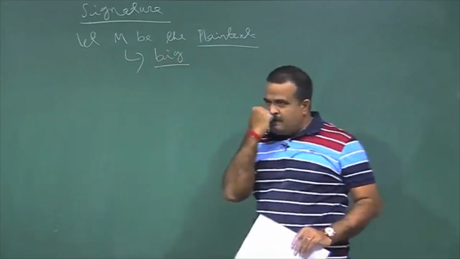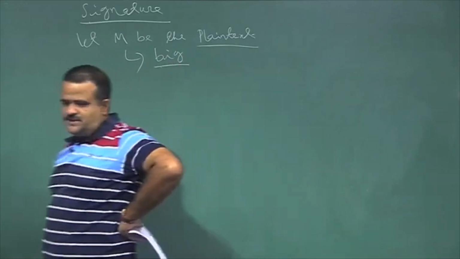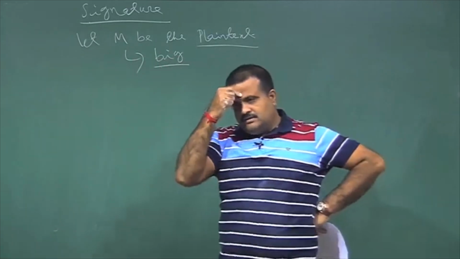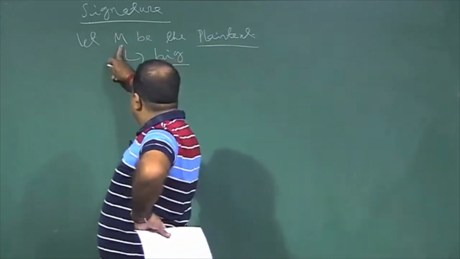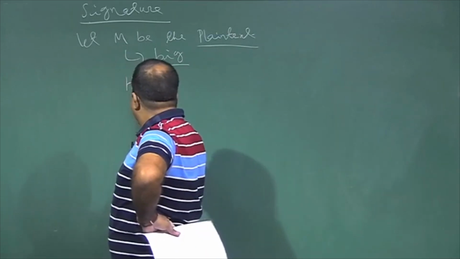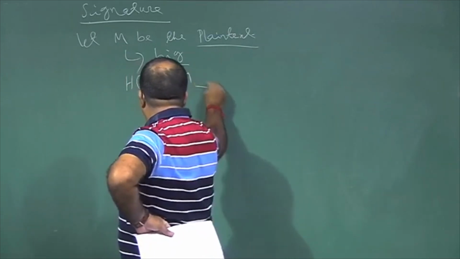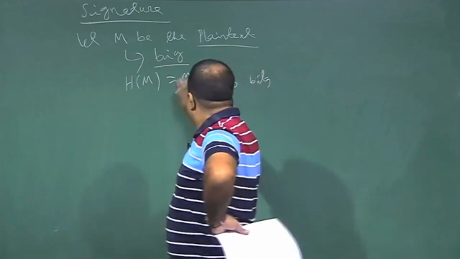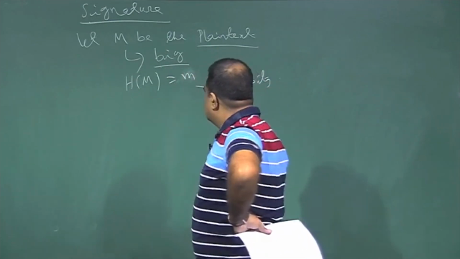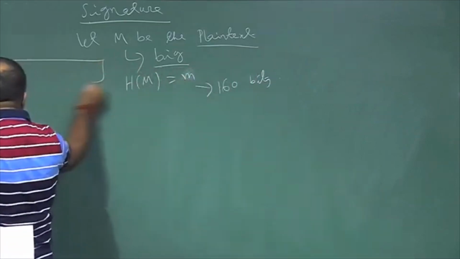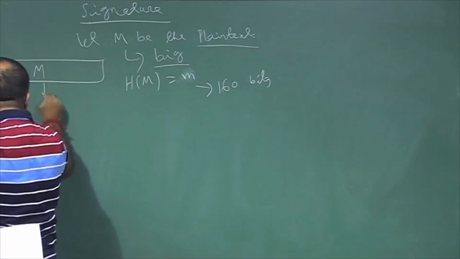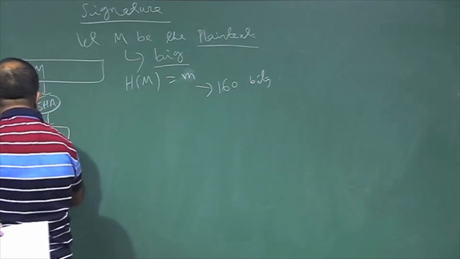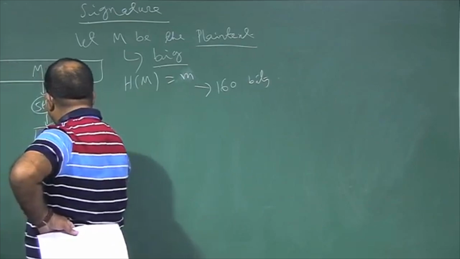Okay. So, now we will make use of a hash function, especially for this standard we have to use the secure hash algorithm, SHA. So, if we use SHA on this capital M, we make a 160 bit digest, which is small m.